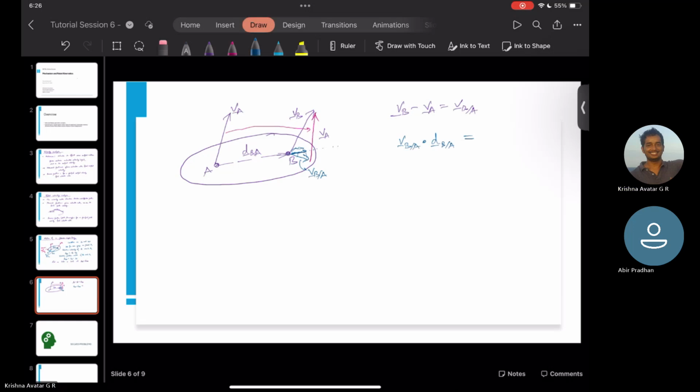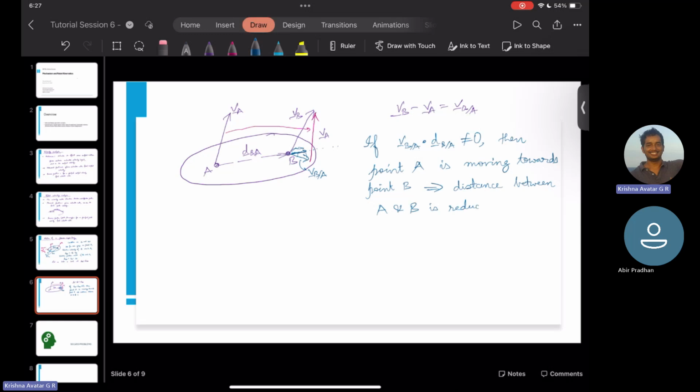Which means that if it is not equal to 0, if it is some value, then point A is moving towards point B. This implies that the distance between A and B is either reducing or increasing, which means that the norm of dBA is not constant.